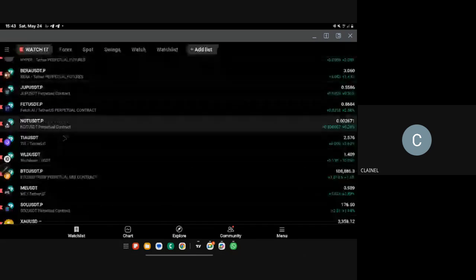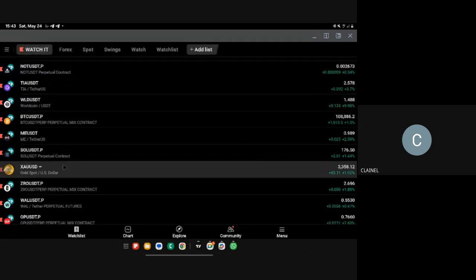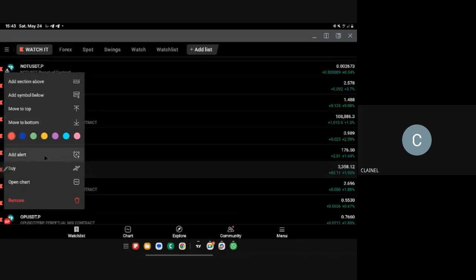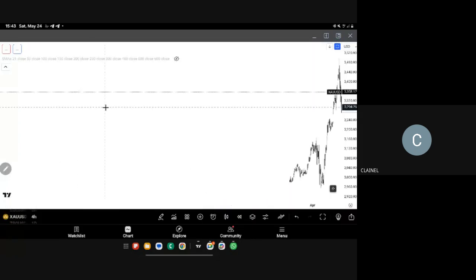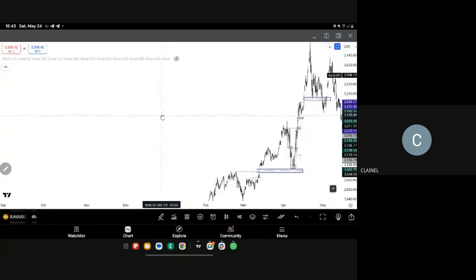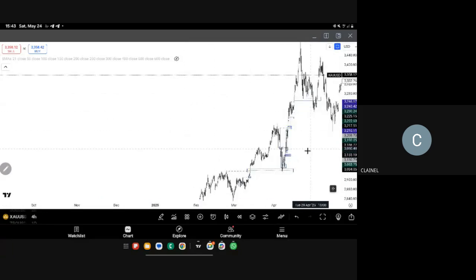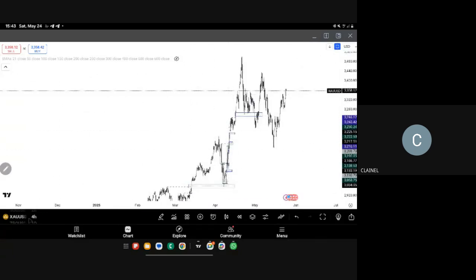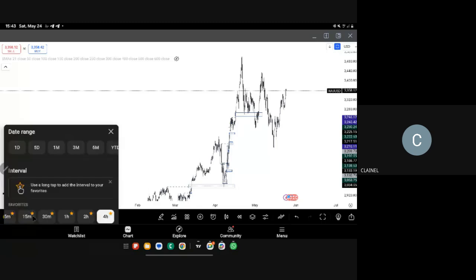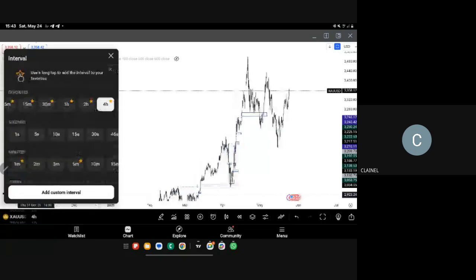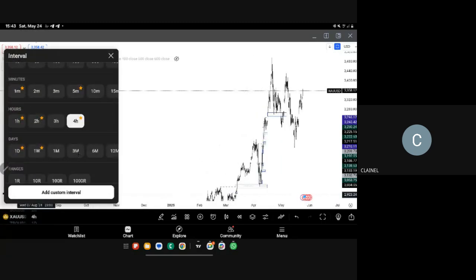We also have the gold charts, and a lot of people, when they start their trading, start trading with gold. So let's take a look at gold charts today, and let's start.